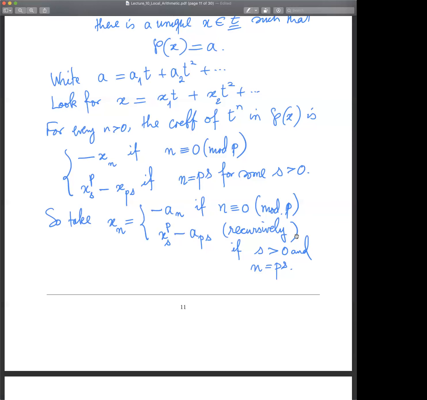What happens if n is a multiple of p, if n is equal to ps? Then this is equal to a_n, or a_ps. And by inductive hypothesis, we can assume that x_s has already been found. So you can take x_ps to be x_s to the power p minus a_ps. So this is a recursive definition in the case when n is divisible by p.